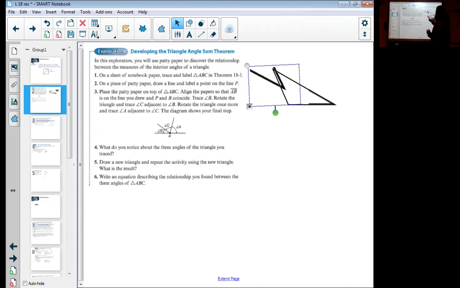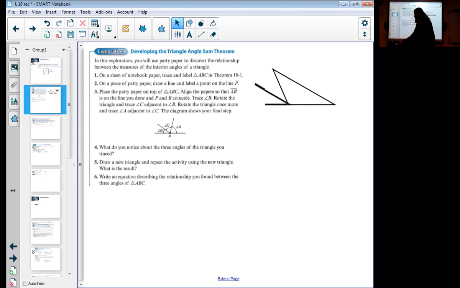If we turn this angle upside down, and take this angle, and now we take the third angle and look at how that is connecting, it makes a straight line.